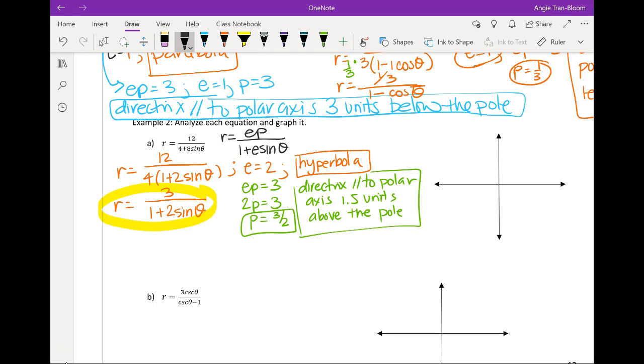We're going to convert it to rectangular form. Let me remind you of something. r squared is always? x squared plus y squared. x is always? r cosine of theta. That means y is r sine of theta. These are the things you have to remember.